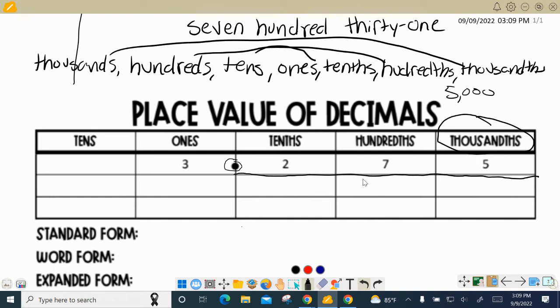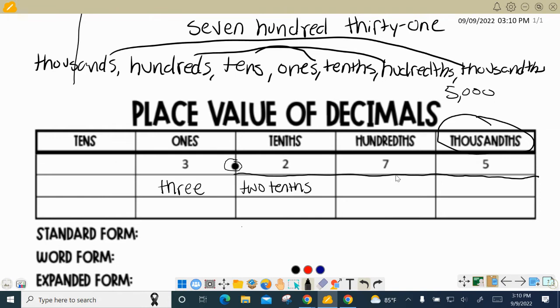So first things first, we're going to do standard and word form. This 3 in the ones place, we know in word form that just is the number 3. Super happy about that. This 2 in the tenths place, 1 to the right of the decimal point, is 2 tenths. Make sure you're filling in your notes with me. That's how you would read that, 2/10.